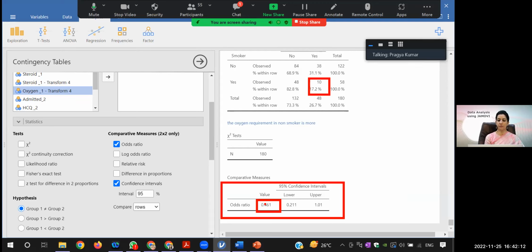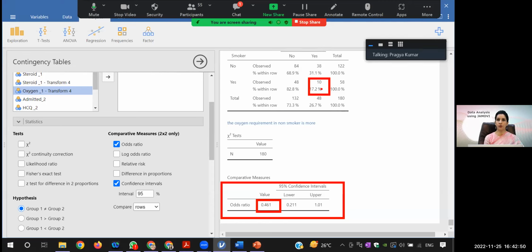So the odds of oxygen requirement in smoker is 0.46 as compared to the odds of oxygen requirement in non-smoker. So you have to see the reference level here. If you go and see in logistic regression, it tells you the reference category also. But if you use this option, it doesn't tell you the reference category. That's why you have to interpret that this tells you the odds in this cell, this one.